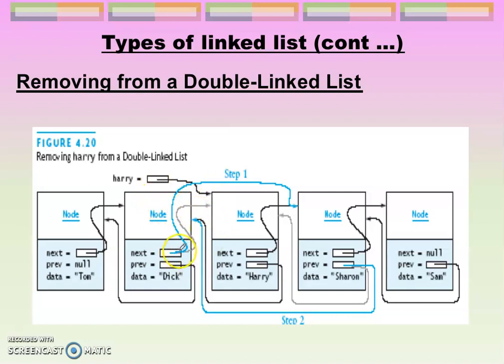The grey one means the original. So we make a new node where this head node will be pointed to Sharon, and then the previous one will be pointed to the head. The grey one is the original that pointed to Harry. So there is no other node that points to Harry. It means that it is deleted.